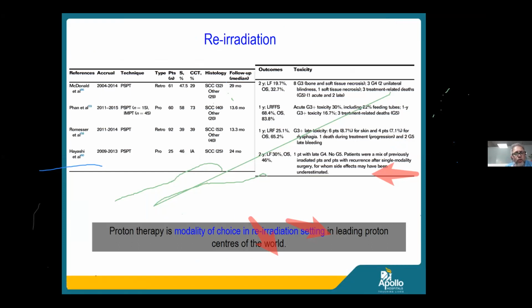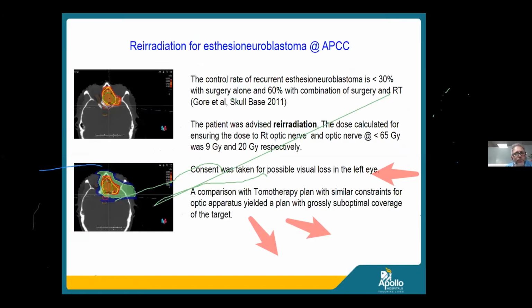I would like to show you one case which my colleague Dr. Nangia treated. This was a young lady with esthesioneuroblastoma who was previously treated with conventional photon radiation a few years ago. We had an issue with sparing her only functional eye, as she already had significant impairment in the other vision.